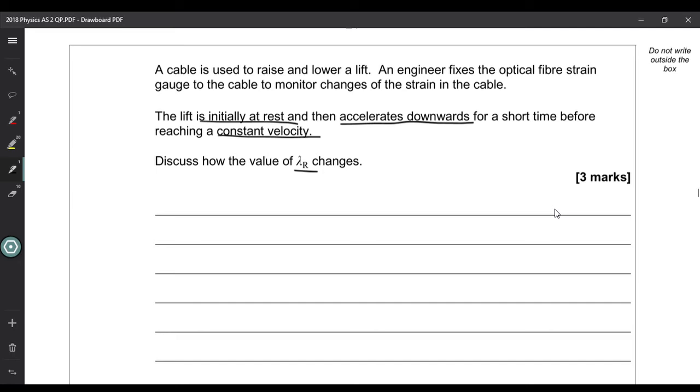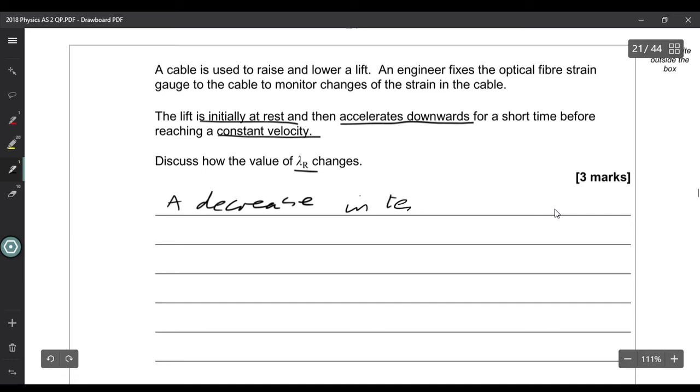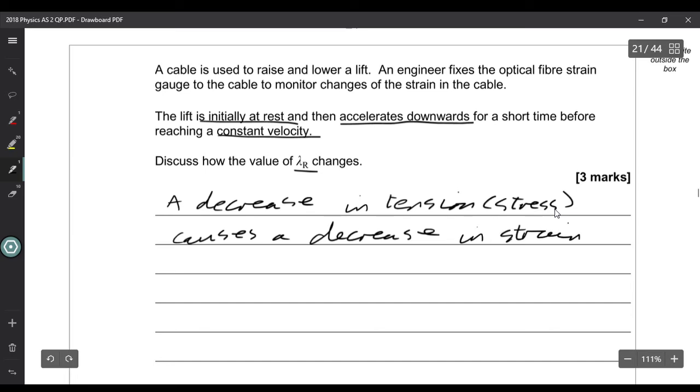So if we put down the type of things that we'll get the marks for, we can explain that a decrease in tension, so that's the stress of the cable, causes a decrease in strain, and that results in a decrease in lambda r.